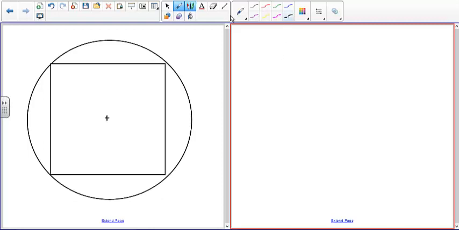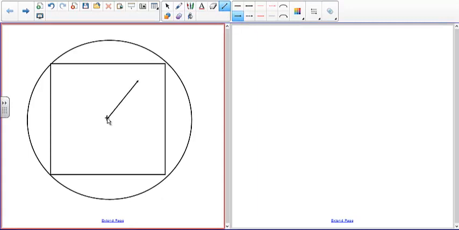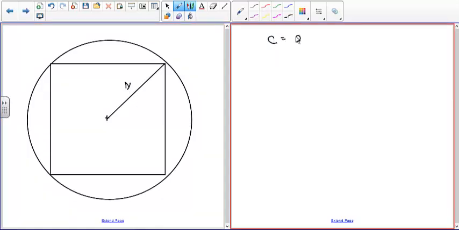If we can find the circumference of a circle that has a radius of 1, so let's say we go from the center of the circle out to the circle, and this length is 1, now we know that the circumference is equal to 2 pi times the radius, but if the radius is 1, then the circumference is 2 pi. So if I can estimate the circumference and divide by 2, I can estimate pi.